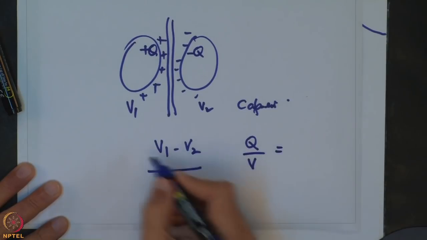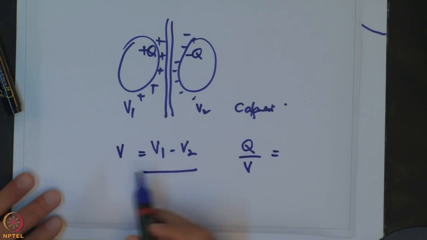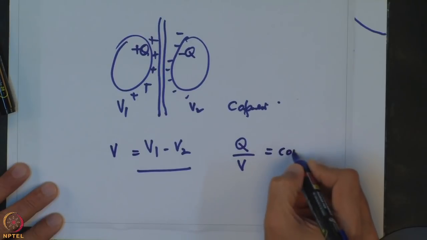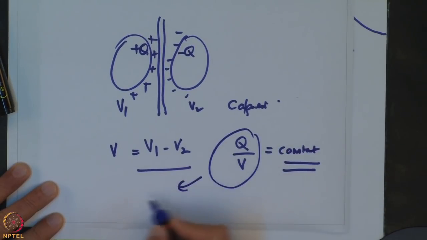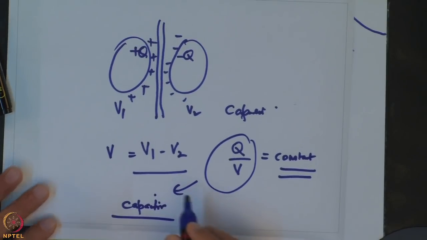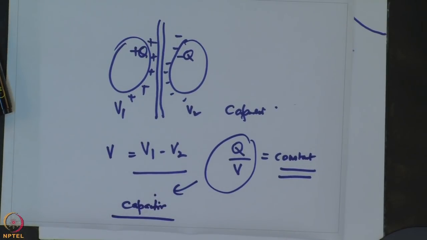We can show that this Q by V is a constant, and this is what represents capacitance. So the capacitance is defined by Q by V, and you can see that for very low values of voltage, a given capacitance can hold more charge.